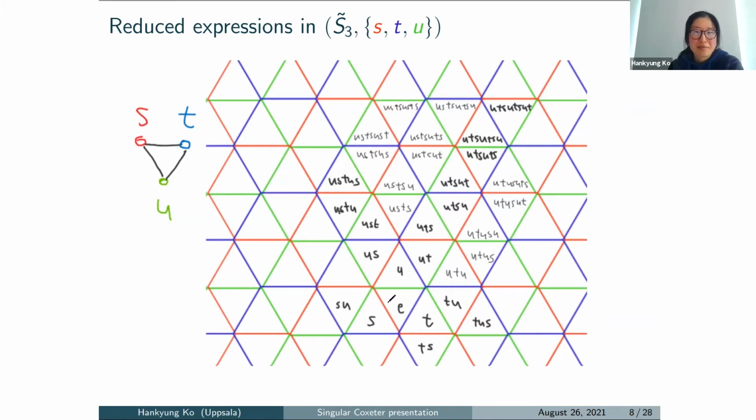If you cross a red line, you multiply by S on the right, and you cross a green line, you multiply by U because it's green, on the right, and so on. These are some of the reduced expressions here, and the ones in bold are the unique reduced expression of the element, and the rest could have more than what's written as a reduced expression. So, for example, here.